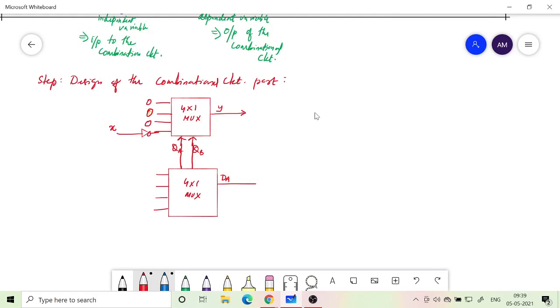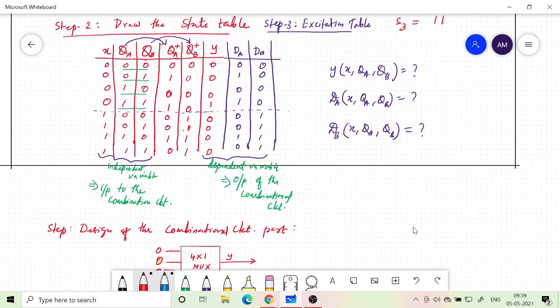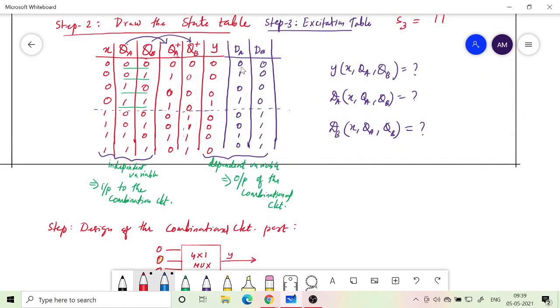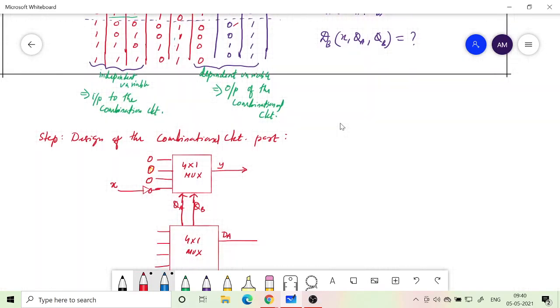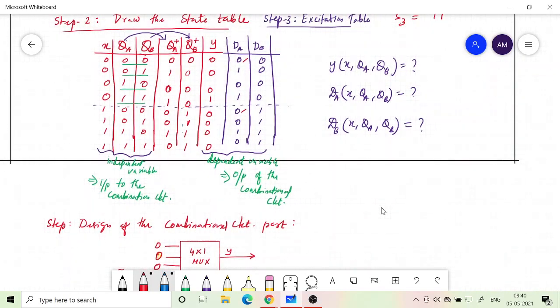And as you can see from the state diagram or state table, my DA is 0. My DA is 0 here as well as here, so that means it doesn't depend upon X, and therefore I'll also give 0 here. Then when QA QB is 0 1, so that is these cases.